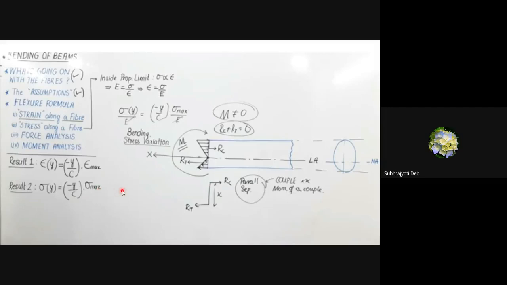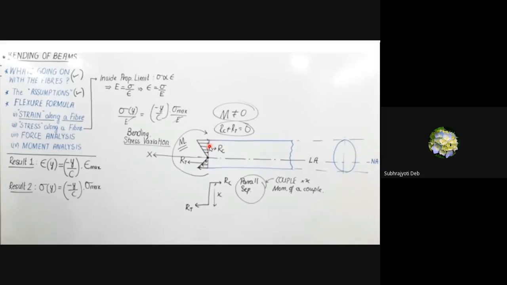And one more thing. See, this is the neutral axis, and in the topmost fiber, this is known as the compression zone, or shortly here it is mentioned as RC. That is resultant of compression. In all of the fibers there will be compression. This fiber, this one, this one, this one.